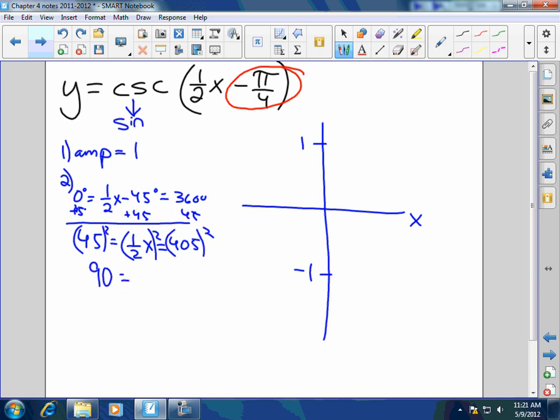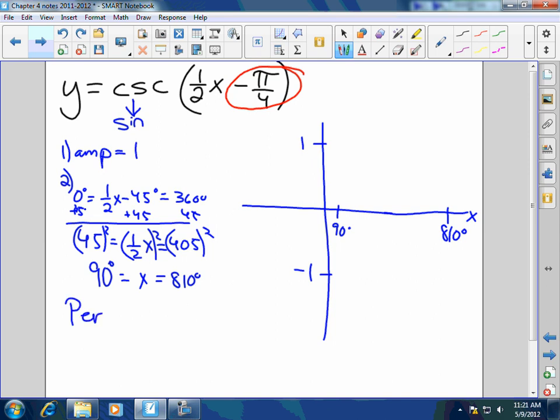You get 90 degrees equals x, and equals 810. So between 90 degrees, my starting point, and 810, that's one full period.